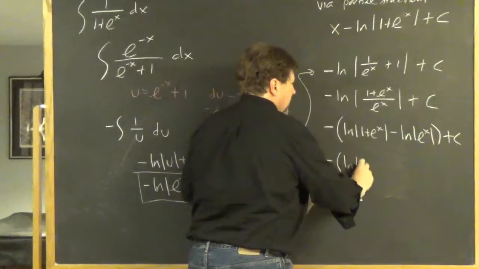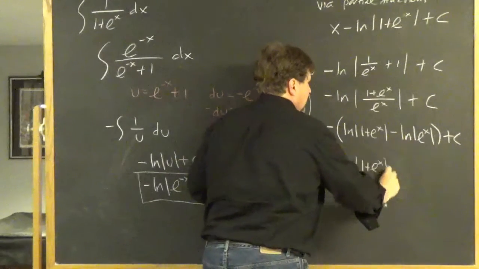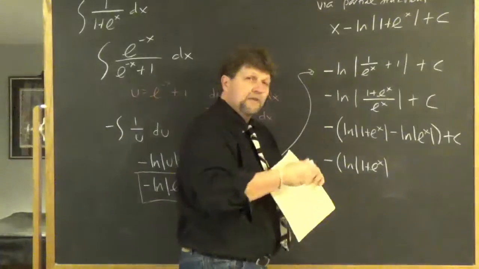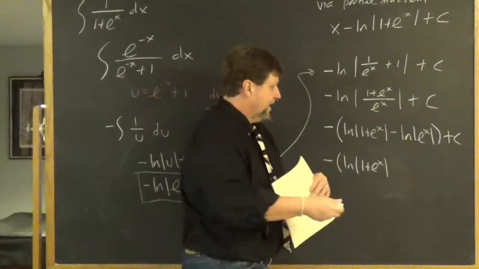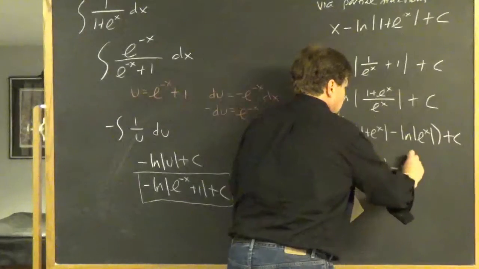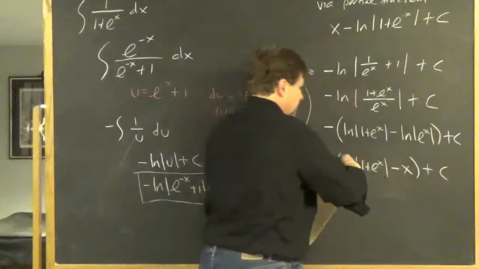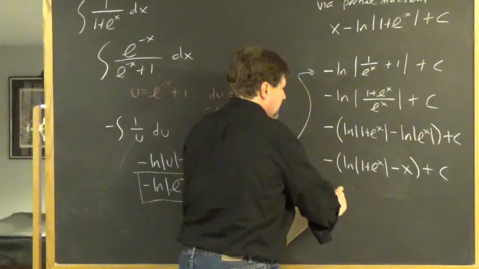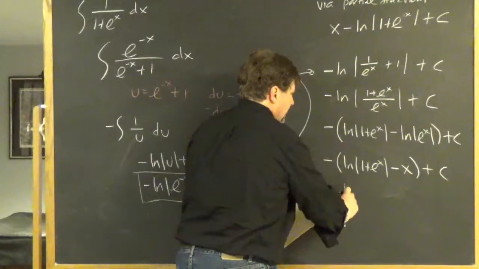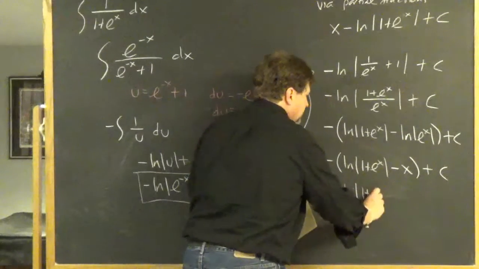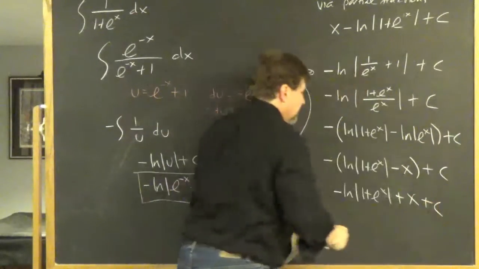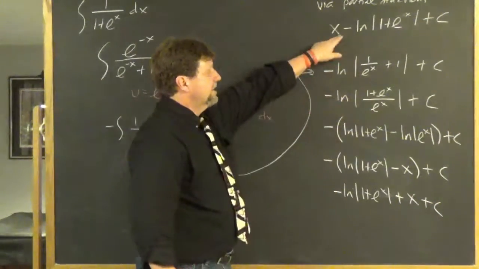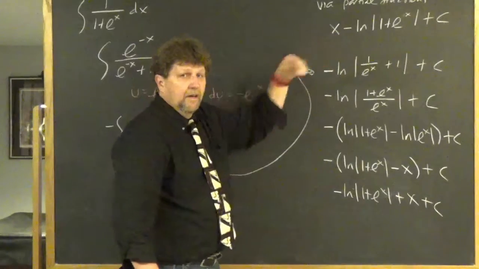Well, the natural log of e to the x, as we saw earlier, just simplifies down to x. And now if you distribute the negative 1, you get negative ln absolute value of 1 plus e to the x plus c, which is exactly the same thing as here.